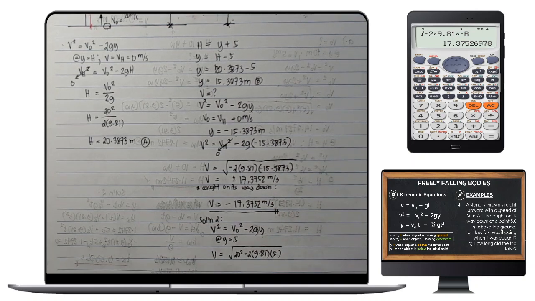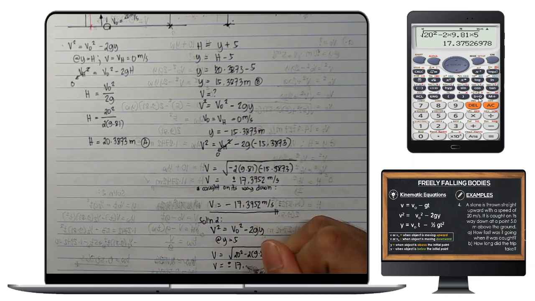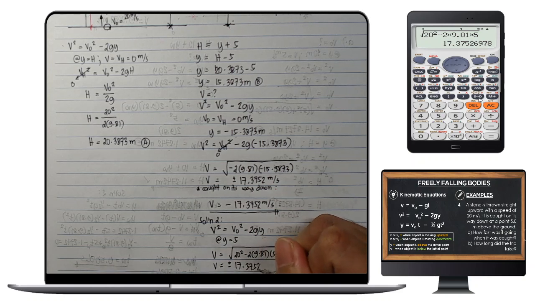Again, positive, negative 17.3752 meter per second.